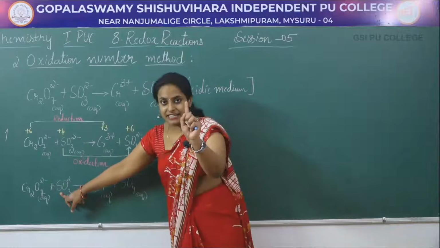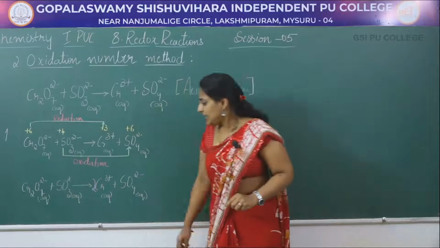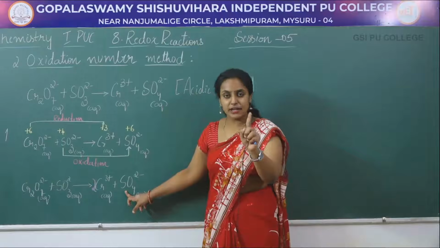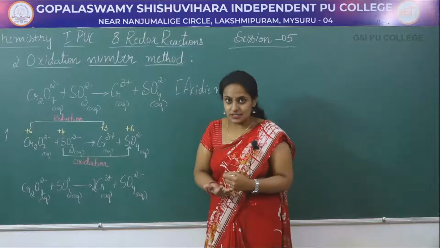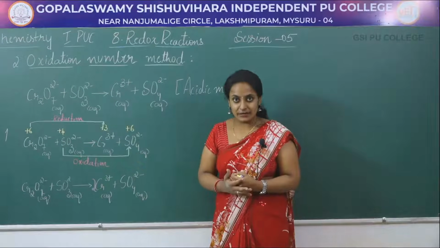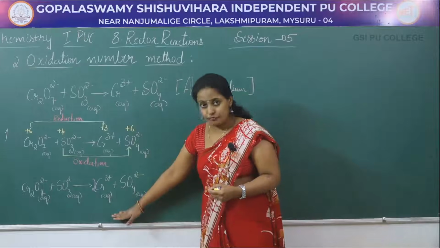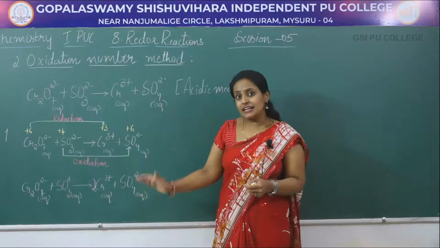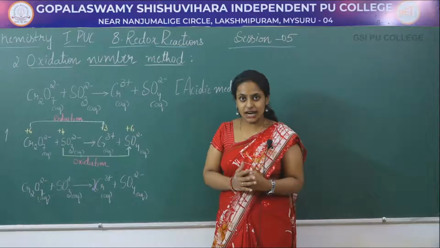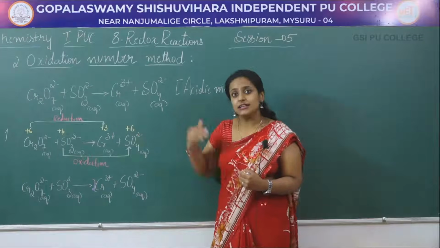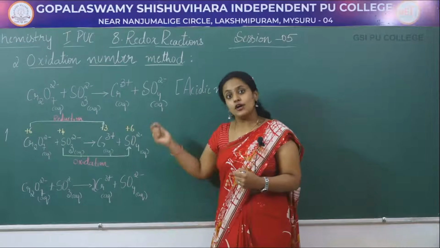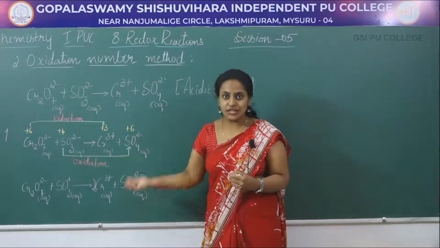There is one sulfur atom in the reactant side, and in the product side also there is only one sulfur atom. Therefore, it has been balanced. No need to balance the sulfur atom. By the end of this, we have balanced the atoms other than oxygen and hydrogen. This will be your third step, that is balancing the atoms other than oxygen and hydrogen atoms.